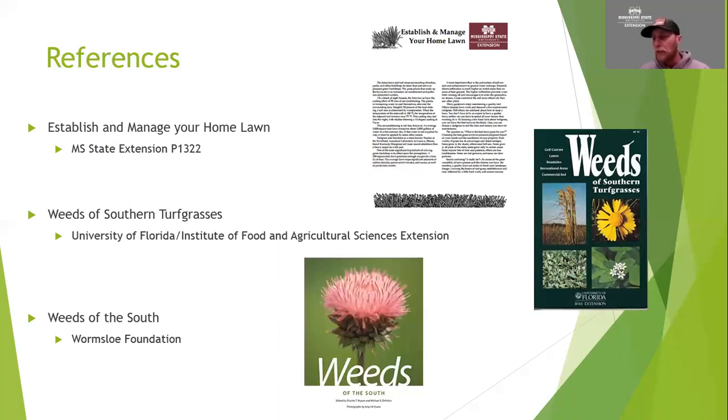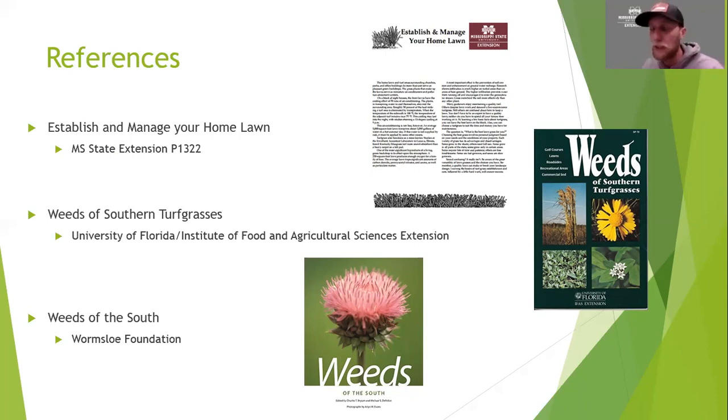It's not great as far as weed identification type stuff, but as far as general maintenance, height of cut, when to fertilize, how much to fertilize, obviously that's going to be dictated by doing a soil test. We can tell you what the grass likes, and that's what this publication does.